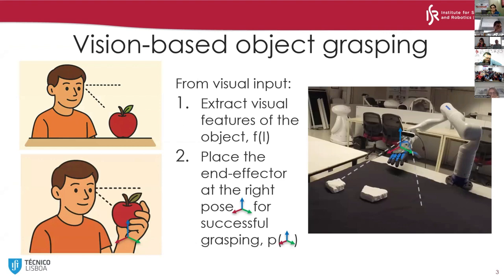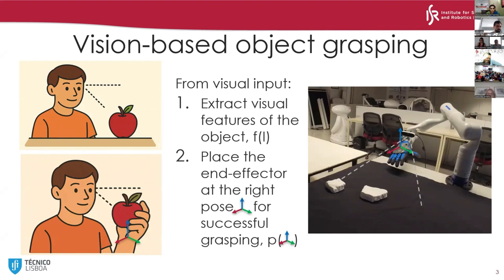So what is vision-based object grasping? We have a very large inspiration from human approaches. When we are grasping an object, we use vision first to look at the environment. We realize where the object is, and then afterwards we move our hands to grasp the object using mostly vision until we start to touch the object, and then we use tactile.